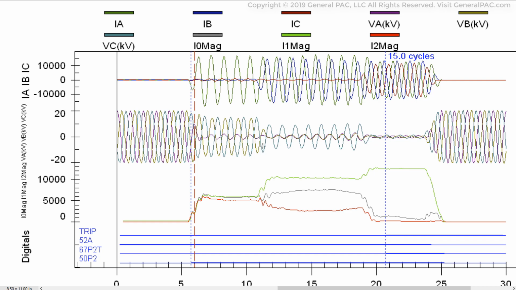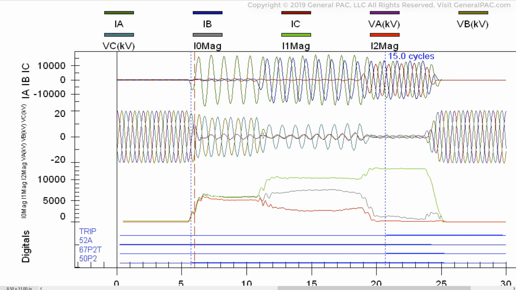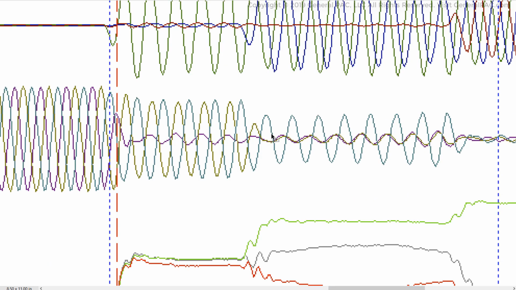And we could look at the voltage quantities to also confirm that. So at this particular point, when the fault changes, we see a depression on both the purple, which is the voltage waveform, as well as the green, which is this voltage waveform here.